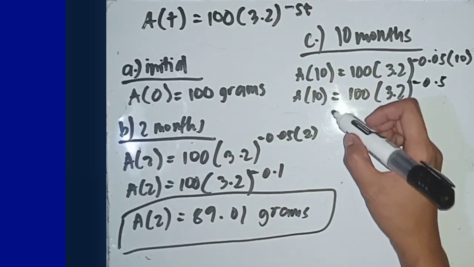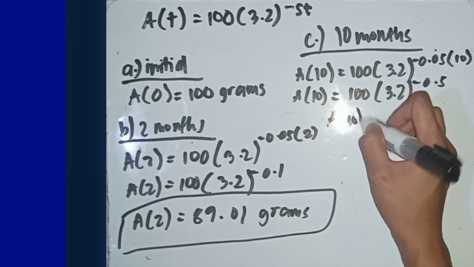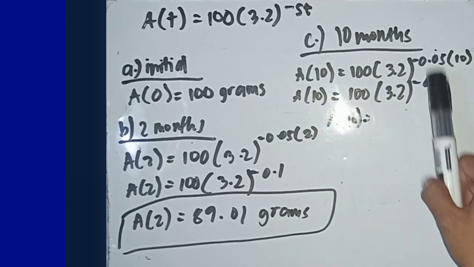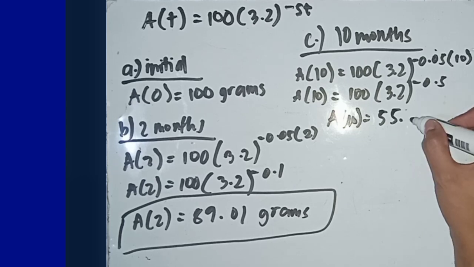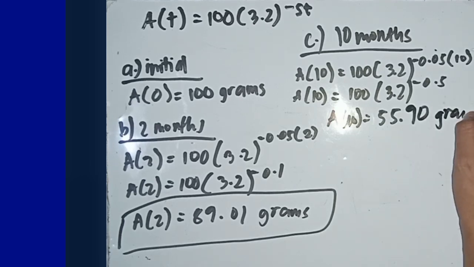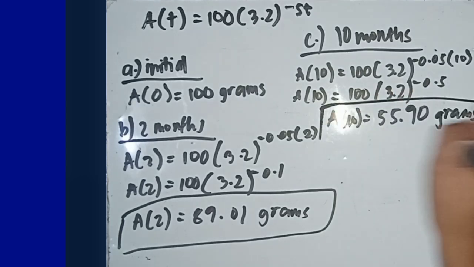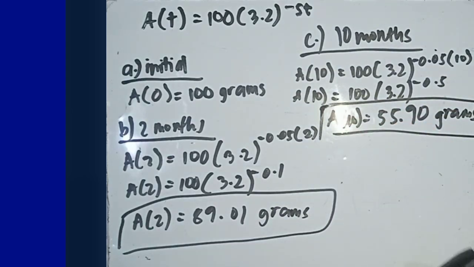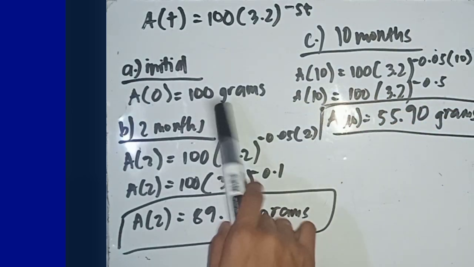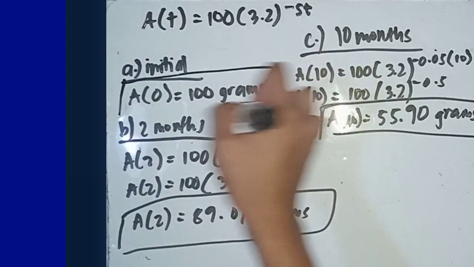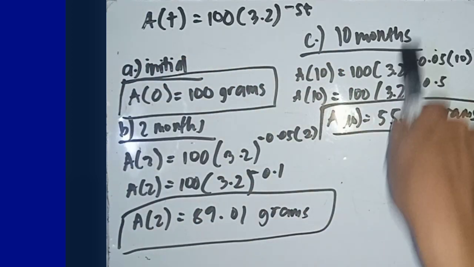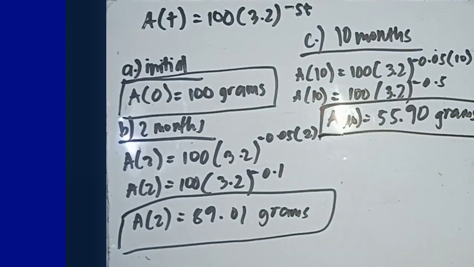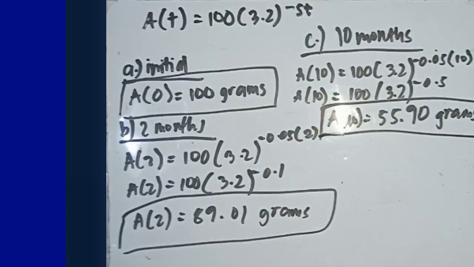That would be negative 0.5. So let's solve it in the calculator, and that is 55.90 grams. Okay, so that is for 10 months. A of 0, the initial, would be 100. After 2 months, 89.01, and in 10 months, 55.90 grams.